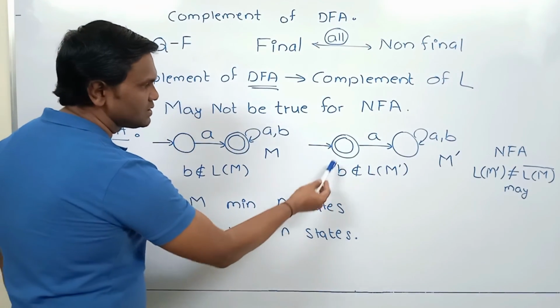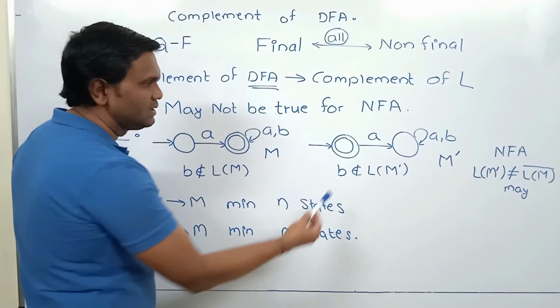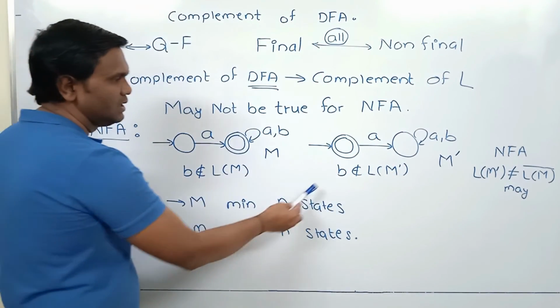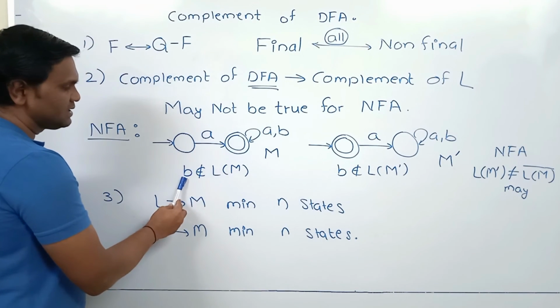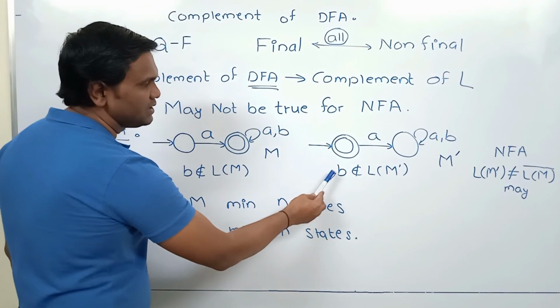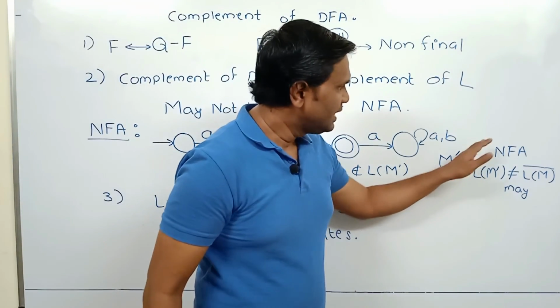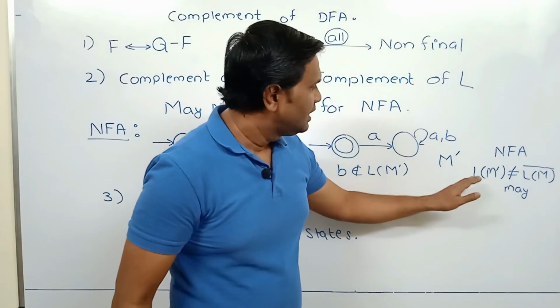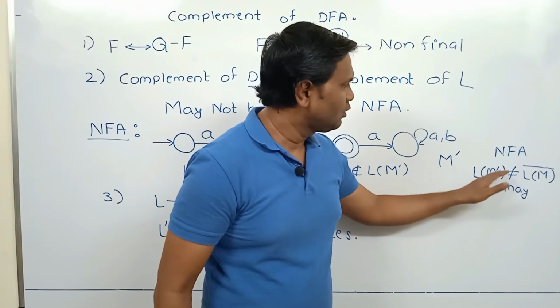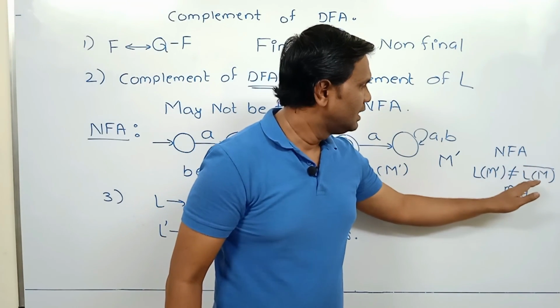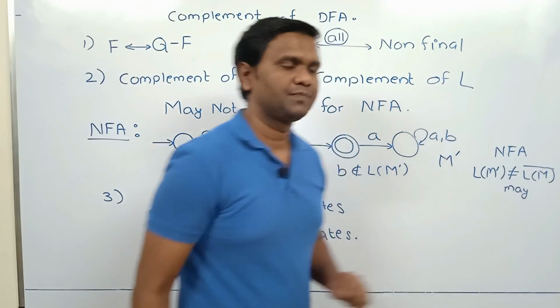So here also string B is rejected. This is M complement of NFA M. This NFA also rejects string B. So in case of NFA, the language of the complement of the NFA may or may not be equal to the complement of the language of the NFA M.